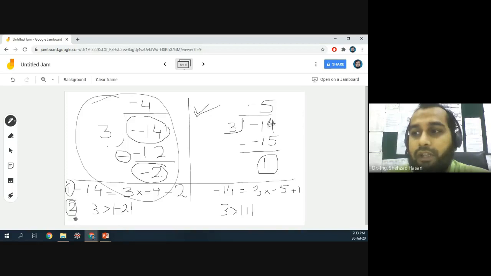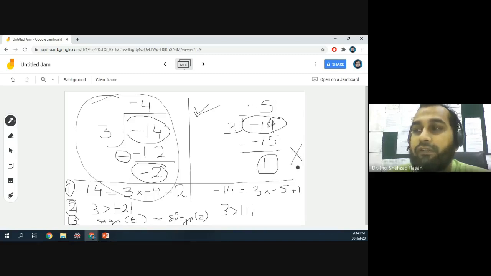The third rule that we have to observe is that the sign of the remainder should be equal to the sign of the dividend. So the remainder and dividend should have the same sign. This is not the case over here. This is negative and this is positive. So this means this result is wrong.